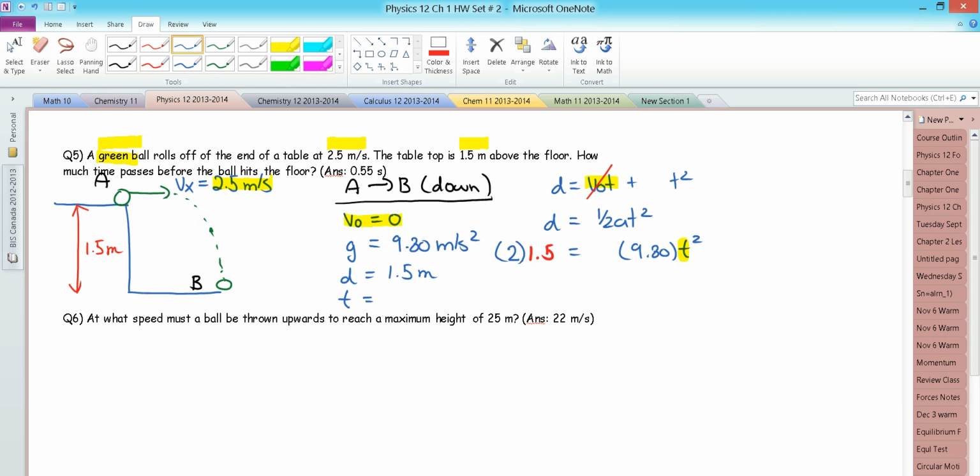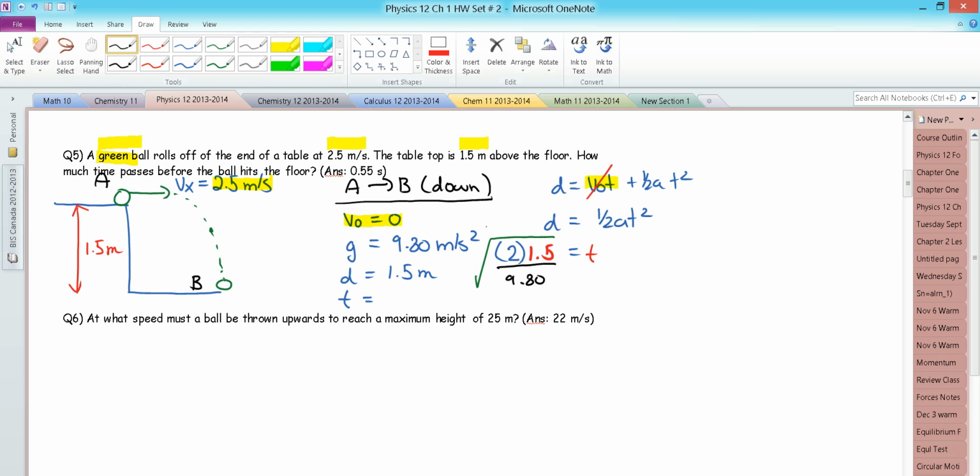And in order to get rid of the 9.80, I will divide that side by 9.80, and that side by 9.80. Those will go away. And in order to get rid of this squared, I need to square root that side, and I'll square root this side. So that is going to be equal to t.